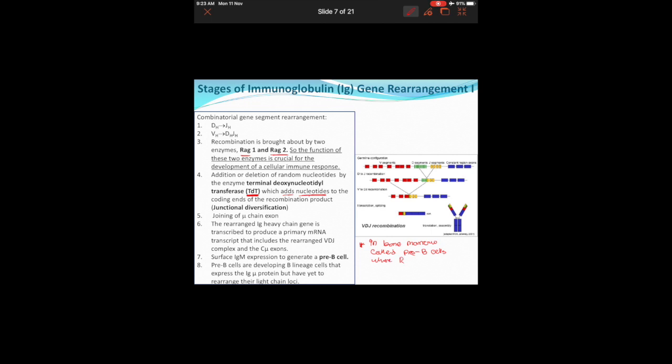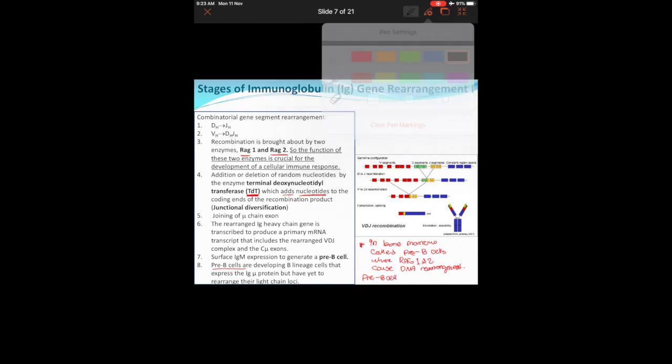And at this stage, these pre-B cells aren't expressing any surface antibody molecules. Once this rearrangement has occurred and a functional IgM heavy chain protein is made, it's then expressed on the surface of the cell and becomes a pro-B cell. Pre and pro. It's very easy to mix these two up. So it's a favorite question to ask in the exams.